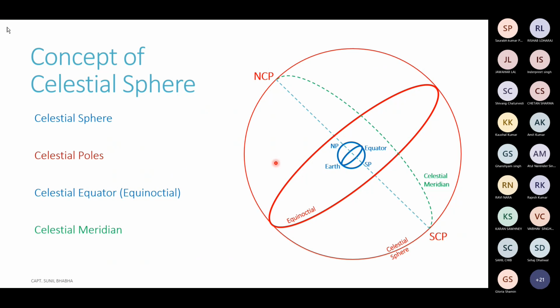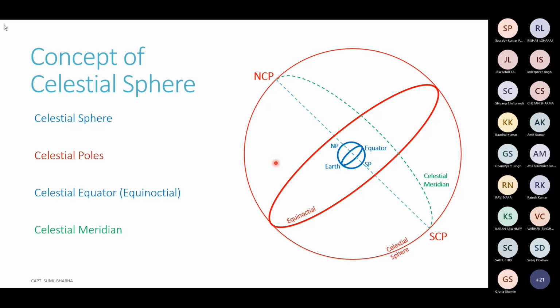So these are the two references which we use to specify a body. Either we use the GHA, measured from the celestial meridian of Greenwich, or we use the SHA, sidereal hour angle, which is measured from the celestial meridian of first point of Aries. So this is the equinoctial system of reference on the celestial sphere.